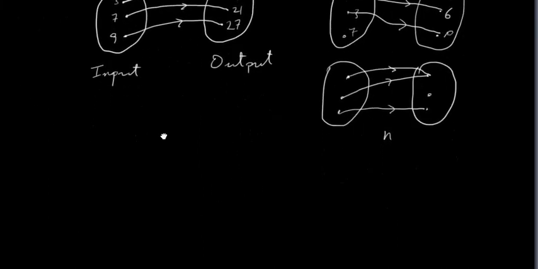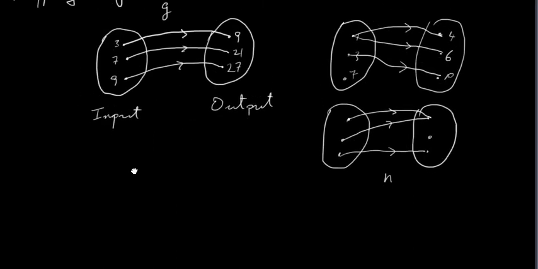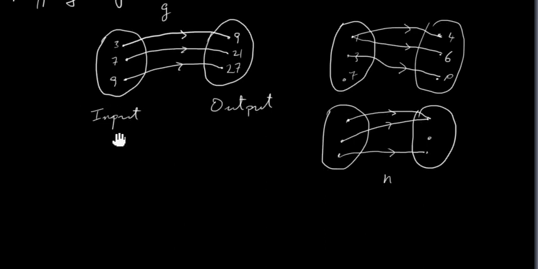Okay, so that's our mapping diagram. Now you can also write functions as couples, if you like. So for example, if we take this function g here, g is just the function that maps 3 onto 9, 7 onto 21, 9 onto 27. So we can list the function couples like this.